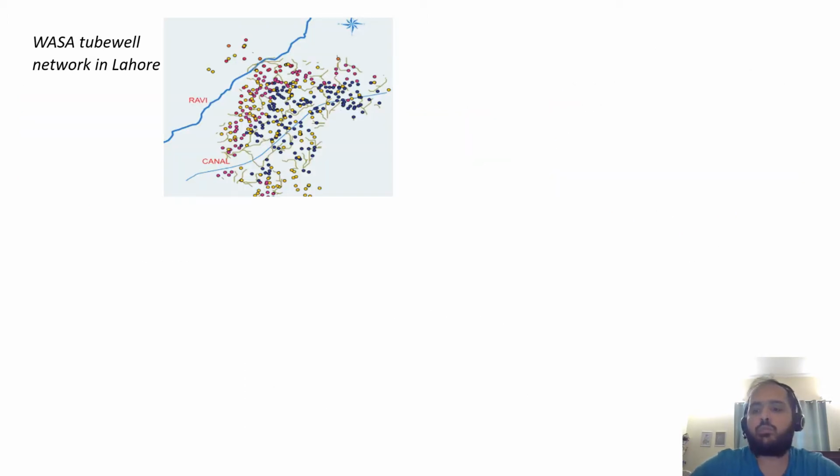Now, while we're only concerned with rainfall, the problem is very generic and applicable in a lot of other settings. So, for instance, here is a network of tube wells, Vasa tube wells installed in Lahore.